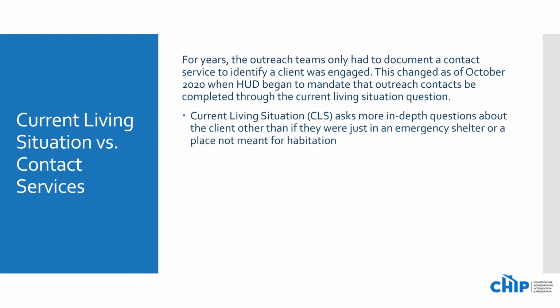Current living situation is a little bit more in depth. If some of you have already gotten in there, you might see that there is a full range of locations for a client to be in. There's place not meant for habitation and institutional situations, permanent and temporary situations. So it runs the entire gamut of where a client can be in any given system.